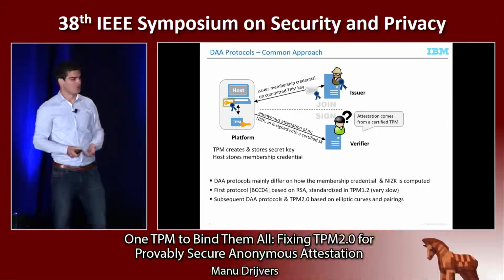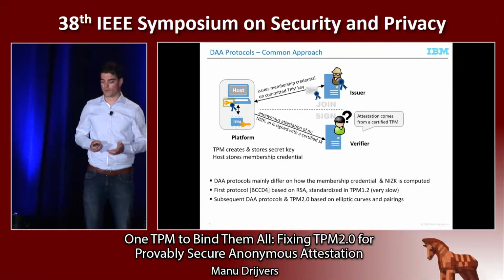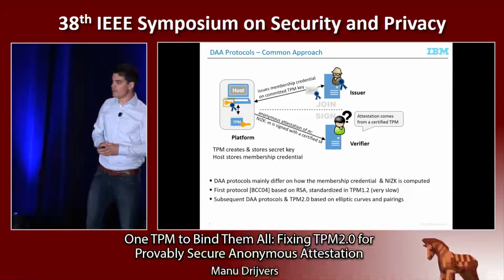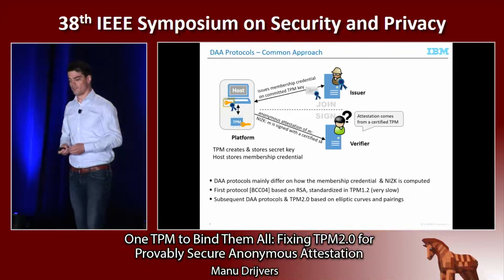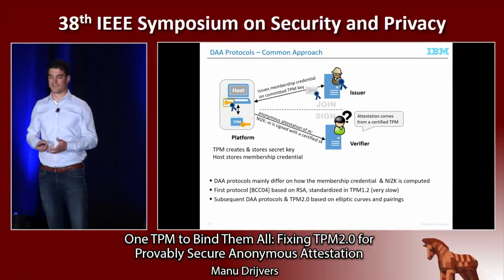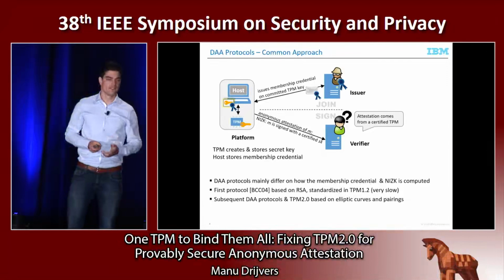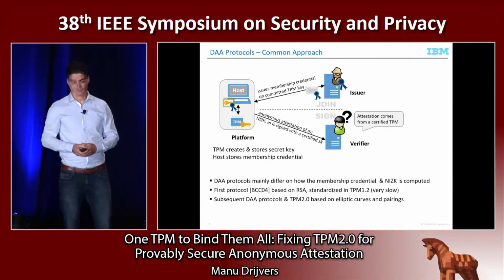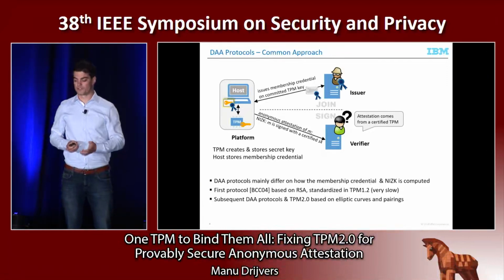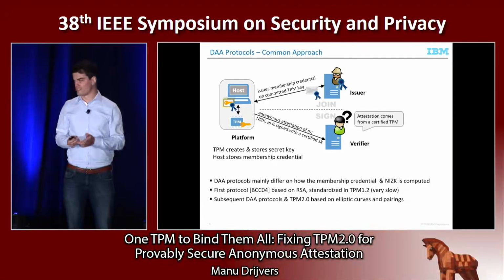Now this is a zero-knowledge proof, so the verifier will not see the secret key of the TPM or the credential, so it will not learn which TPM it was, but it will still be convinced that this is some legitimate TPM because it trusts that the issuer only issues these credentials to valid TPMs. Now the difference between the different DAA protocols is in the type of membership credential that they issue and in how you instantiate the zero-knowledge proof, which are the attestations.